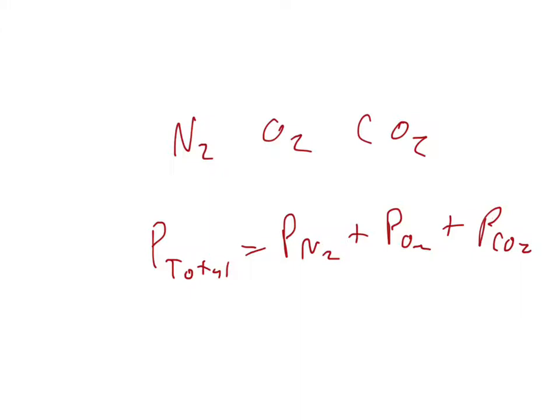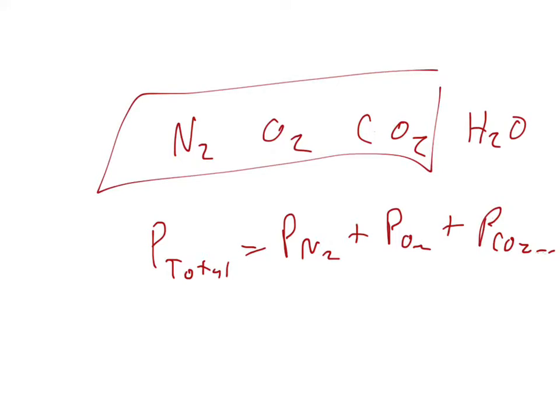And there's actually a whole bunch of other gases too, like some amount of water vapor in the air around us. But the main ones are these 3 right here. And so again, any sample of gas, if you add up their partial pressures, will give you the total pressure. So that's all there is to it.